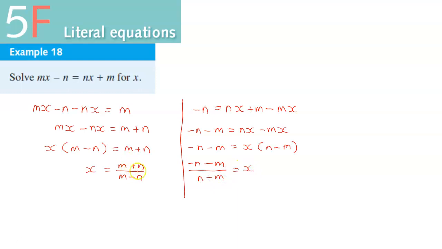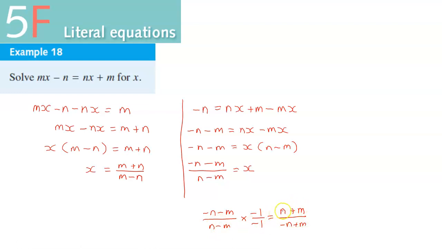Now again, we have two things here that look very different. But if I take my fraction on this side and multiply it by -1 over -1, so I'm just multiplying by 1, I'm not changing its value, but my negative n becomes positive n, my negative m becomes positive m, my positive n becomes negative, my negative m becomes positive.